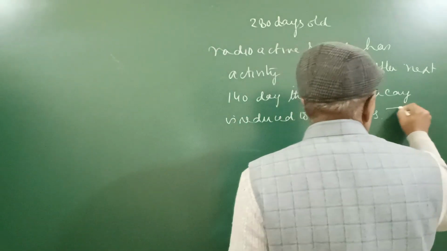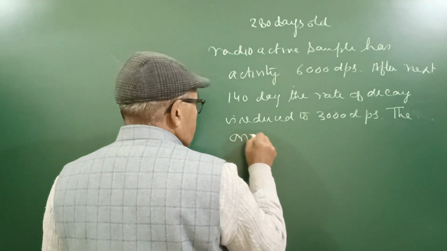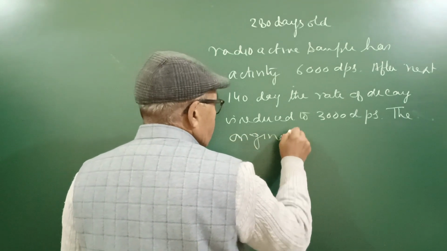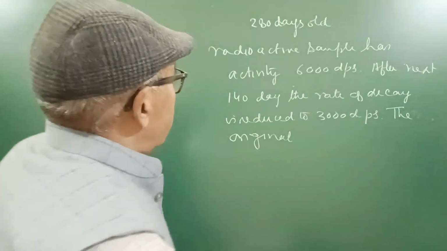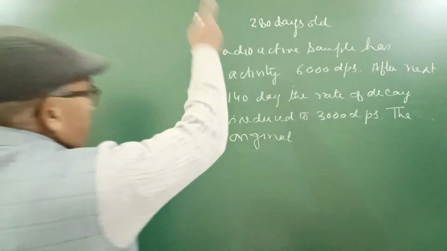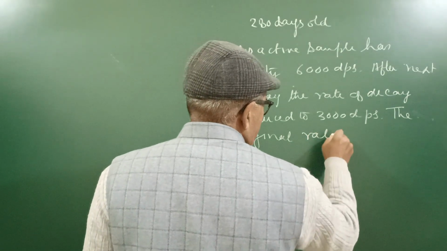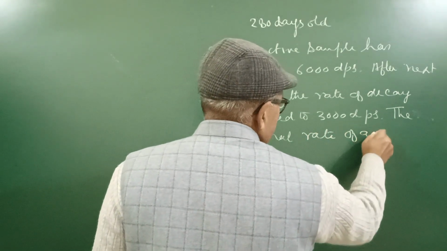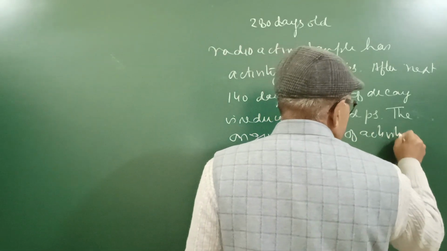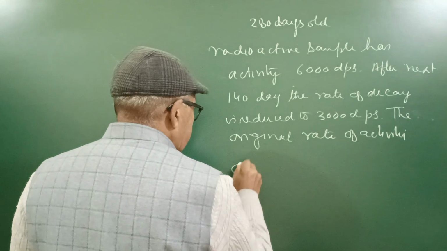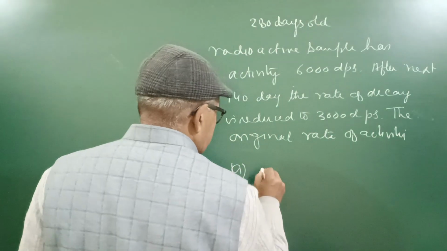So the original rate of activity, that means 280 days before, what was it? Option A is 9000 decay per second.